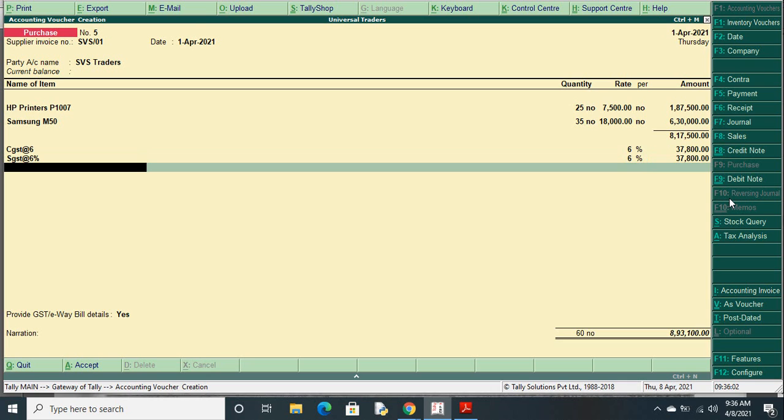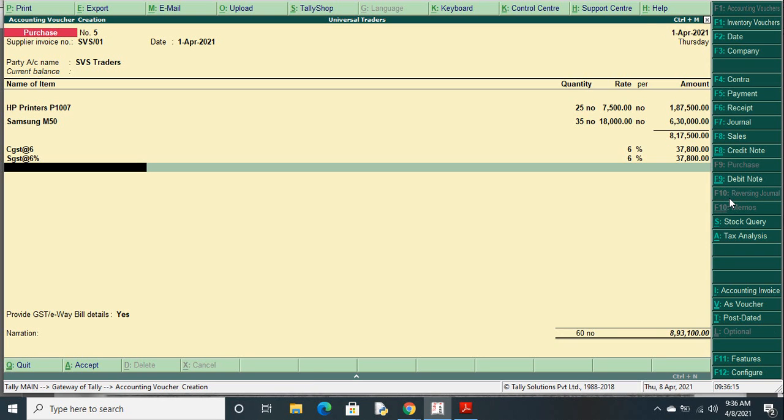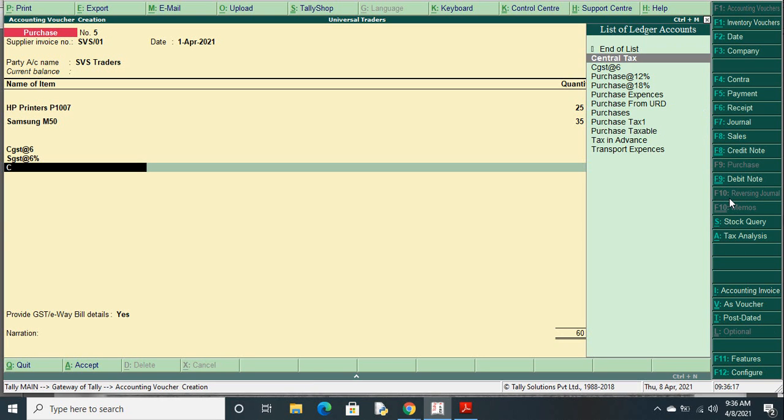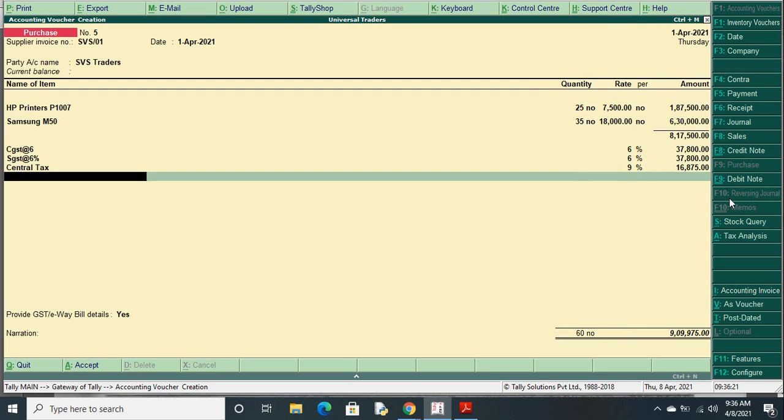Next again CGST, already we have normal 18% here, right? So I can take direct central tax and state tax.